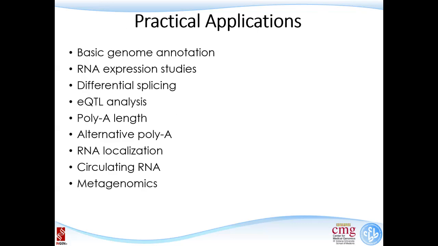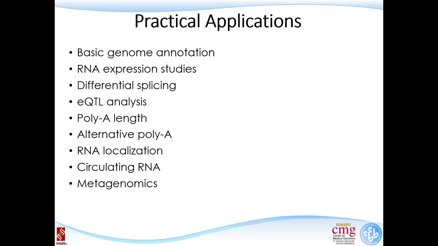The practical applications of this are basically as simple as transcriptome annotation. With DNA-seq, you get your full set of DNA, and then you can use RNA-seq and transcriptome assembly to understand which is being transcribed. And then you can also do expression studies, eQTL analysis, and poly-A length.